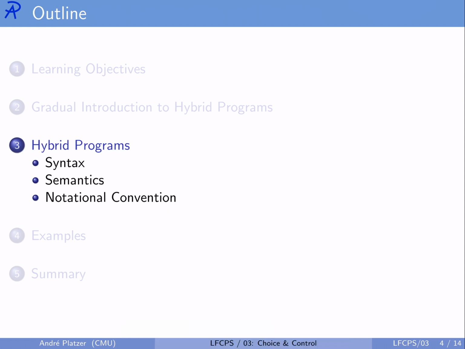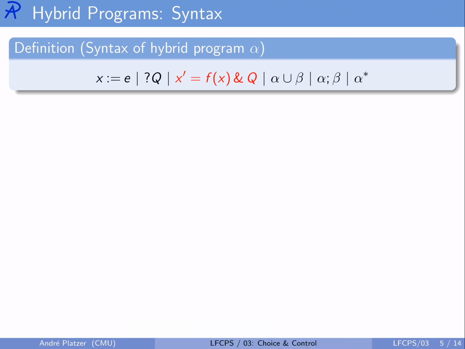After this gradual motivation into why we need the individual operators in hybrid programs, we'll gather everything we've got and design hybrid programs as a programming language more systematically. First of all, let's again write down a proper syntax for hybrid programs.